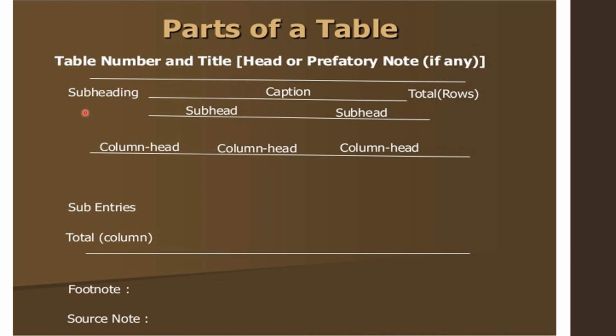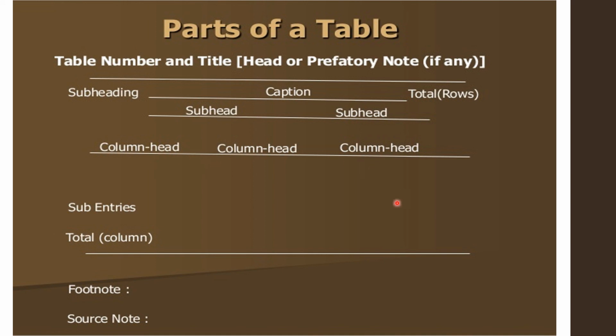Then coming to the next subheading, which is called stubs, required to give detailed information about the row. Coming to the division, we have seen that there are 3 columns divided and that is written as column head, and the column head is used to tell us what the things under the column are.